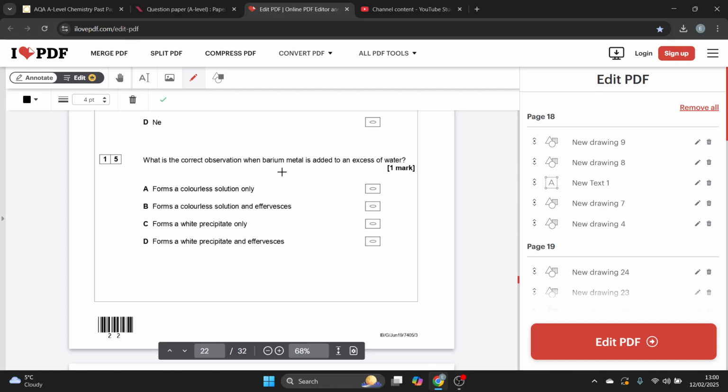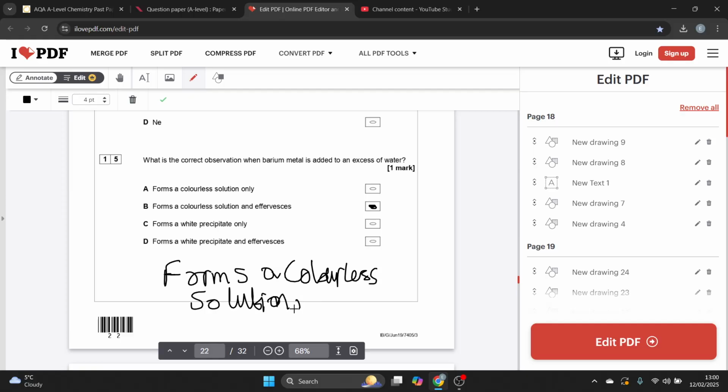It forms a colorless solution and effervesces.